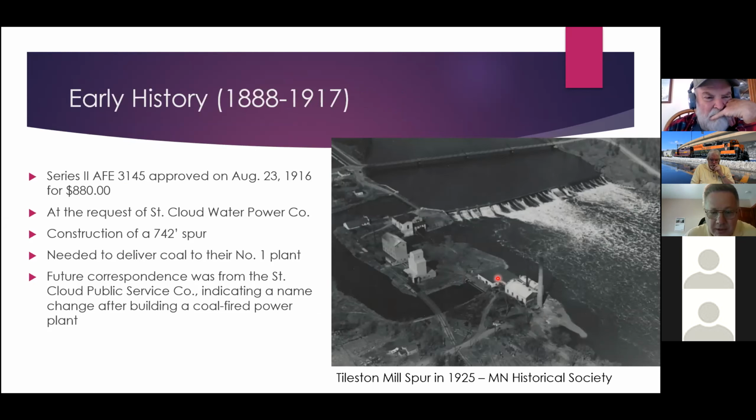But at this plant right here, as you can see, they added a coal-fired plant to the water plant. And that's probably why they changed their name from the water power company to the St. Cloud Public Service Company. And actually you can see, I think this is just when the roadway's there, but you can see now there's a stack at this plant.